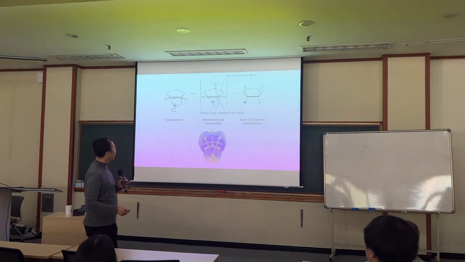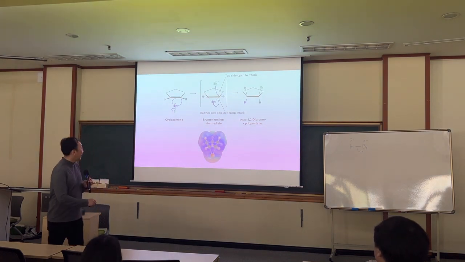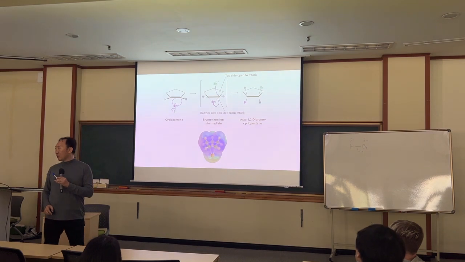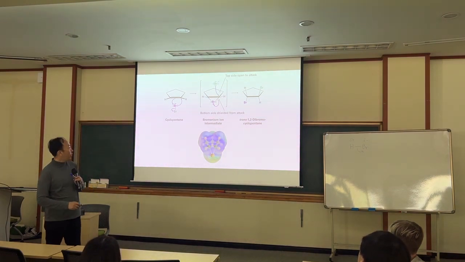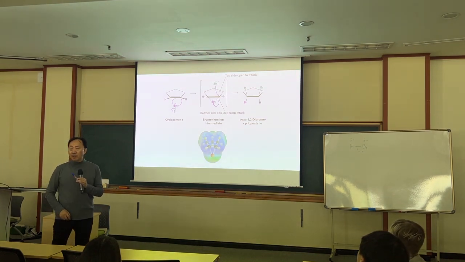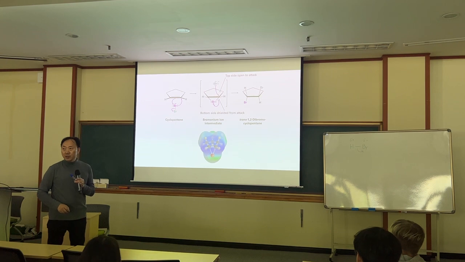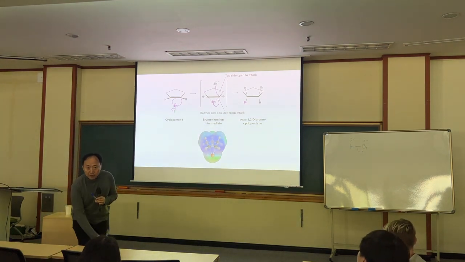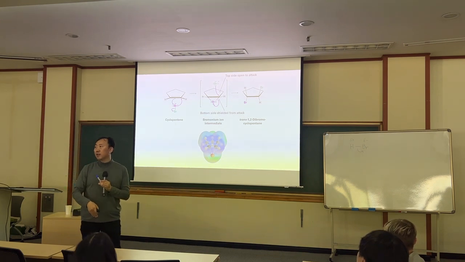If this is the intermediate, then the attack position of Br minus can happen only from behind and push in this direction. So the direction of the electron movement goes from top going down, pushes, and then further goes down. It's in the same direction.